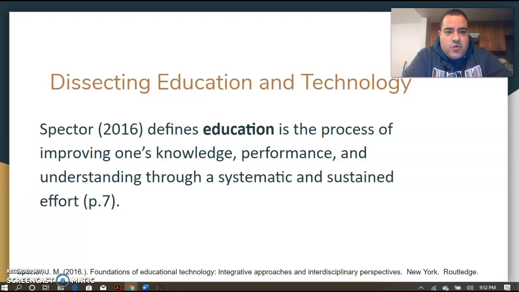It's about growing, it's about evolving, it's about enhancing one's understanding of a topic, of a subject, of a task or function. And the fact is, it's all about that active learning component. It's not passive. Education is active, and it can be a process. It's not just about a degree or a course. It's about the process of learning.